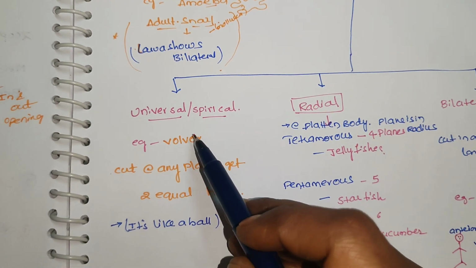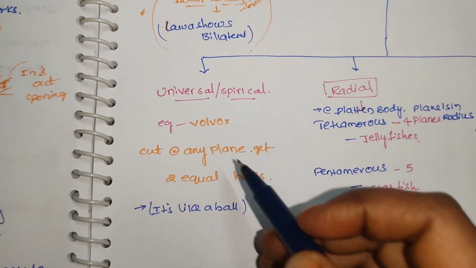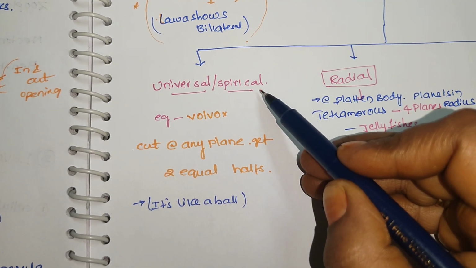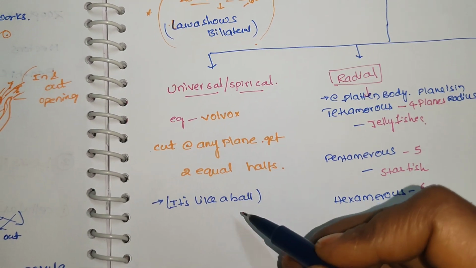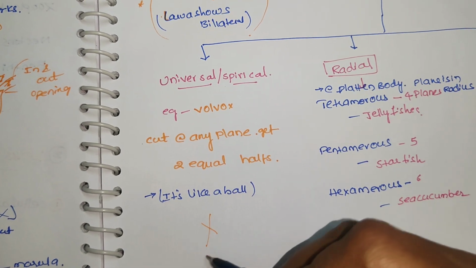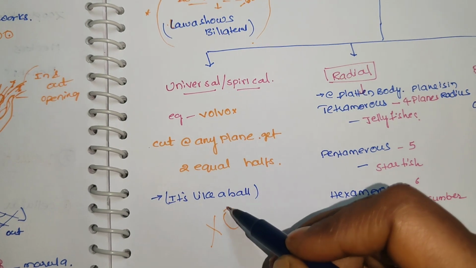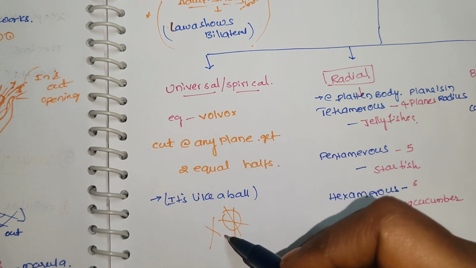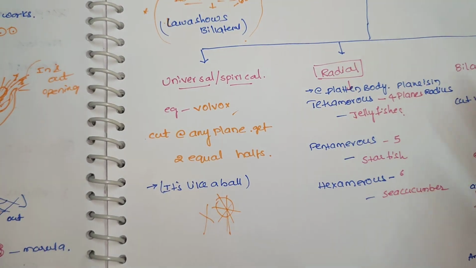Universal or spherical symmetry, example volvox, means it can be cut at any plane, any place, to get two equal halves. It is like a ball, cut in any plane it will act as two equal halves. That is universal or spherical. Example volvox.